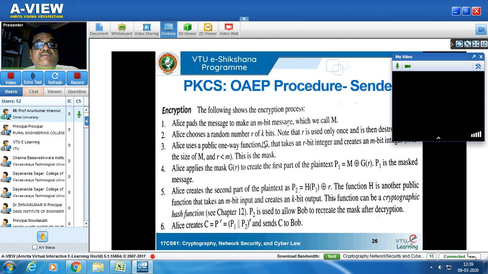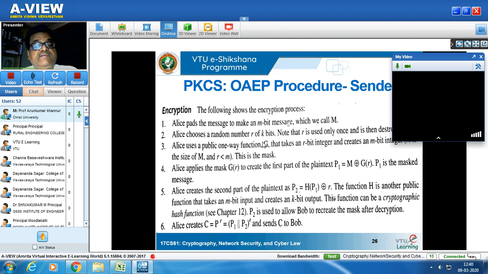M is the size of capital M, and the random number which we used earlier should be smaller than the size of the message. And this is the mask. The mask is nothing but the padded bits that we have added into the message that we are trying to send.